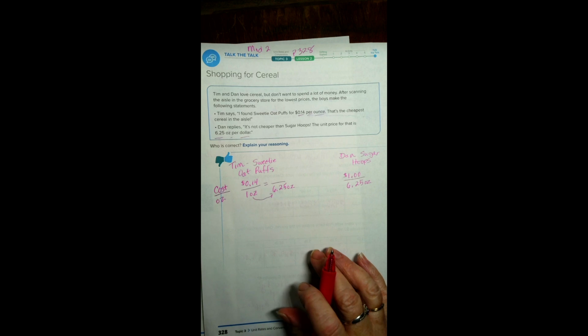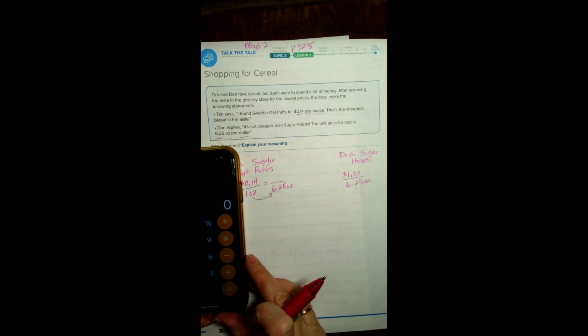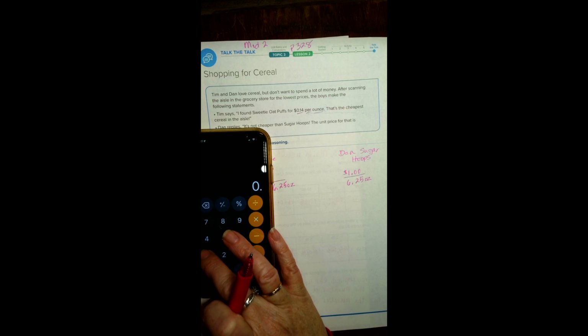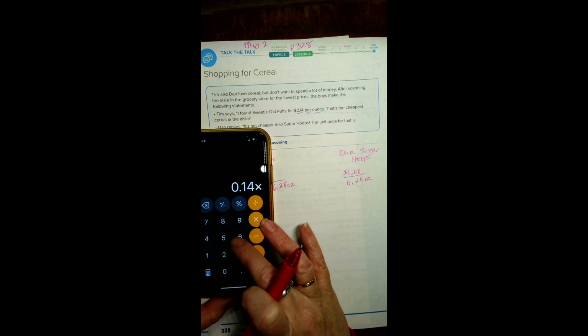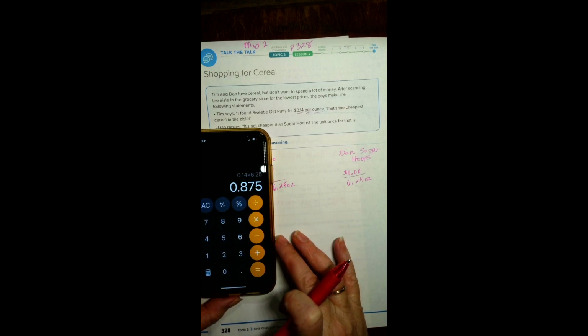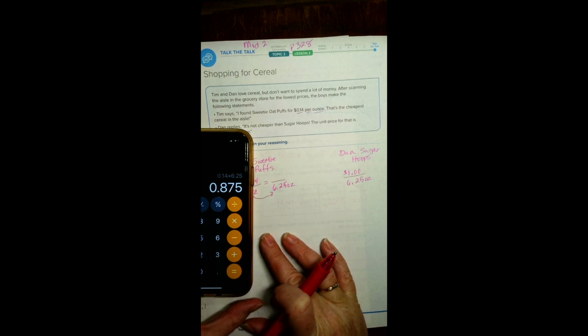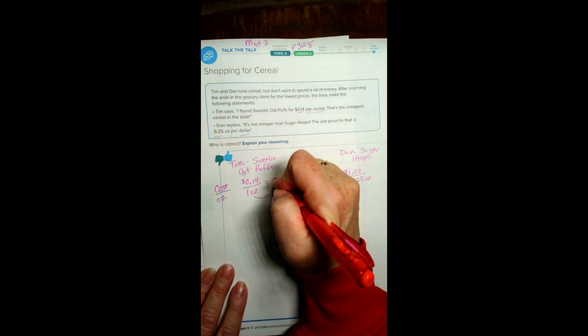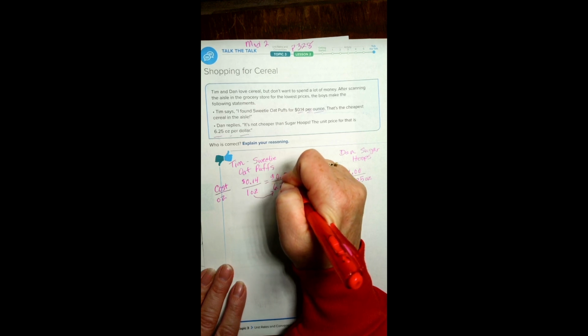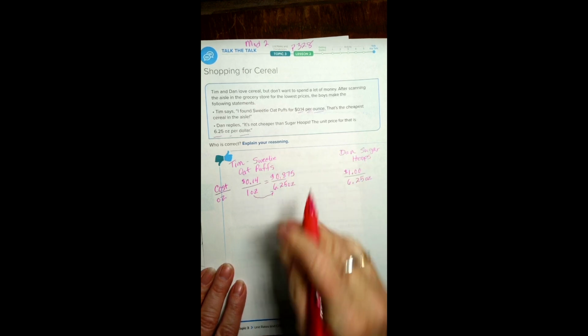So multiplying by 6.25, so we have 0.14 times 6.25. So 0.875, so that's dollars per 6.25 ounces.